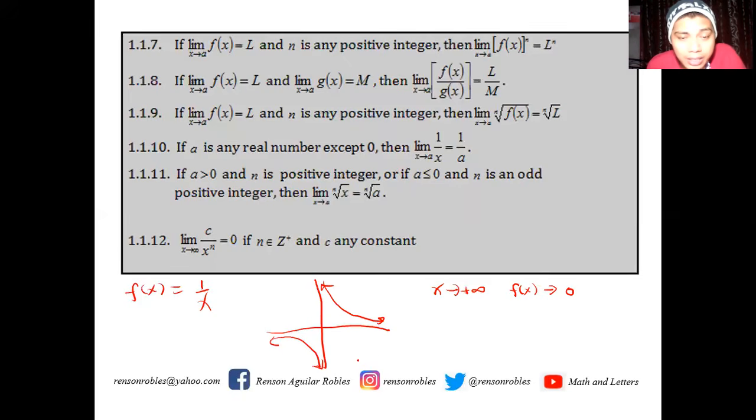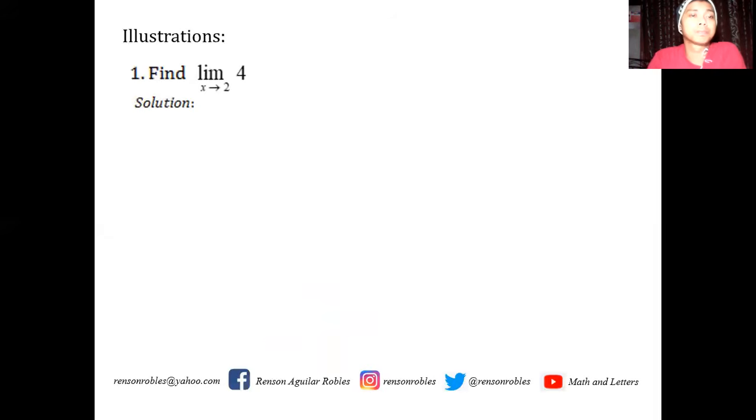And as x approaches negative infinity, going to the left, a very large negative number, the function value f of x still approaches 0. That means that the limit of c over x raised to n as x approaches infinity is equal to 0.